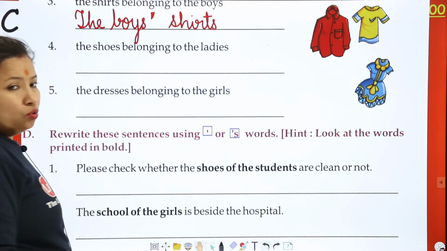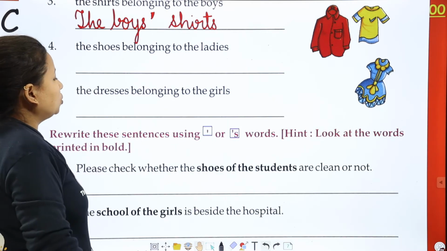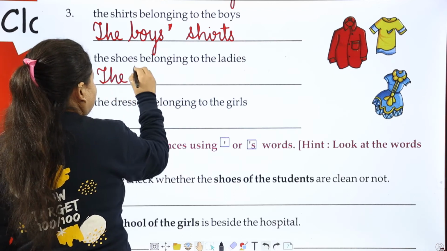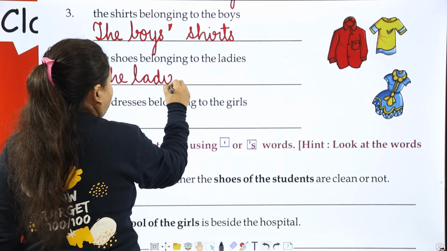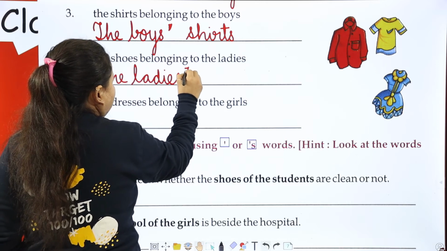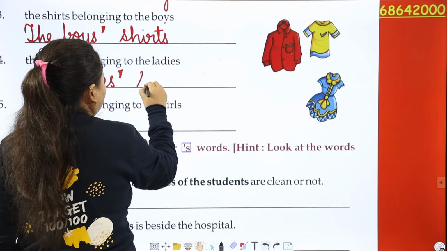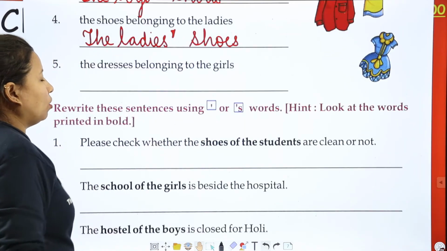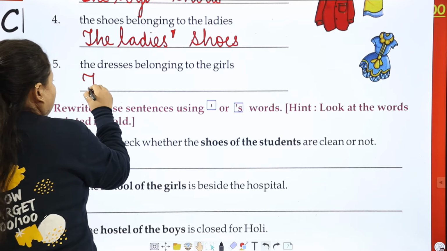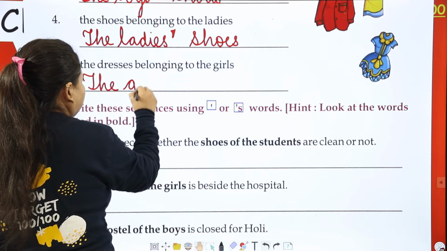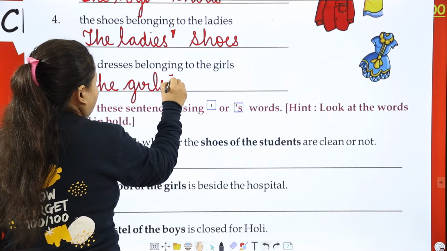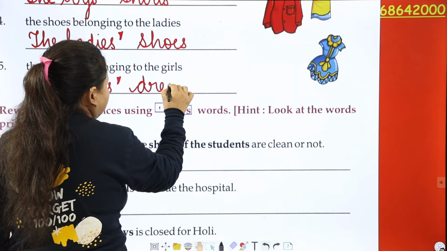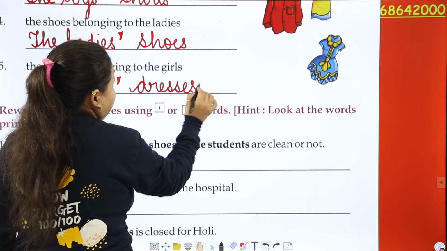Next is the shoes belonging to the ladies, so the ladies' shoes. The dresses belonging to the girls, so the girls' dresses. That's it.